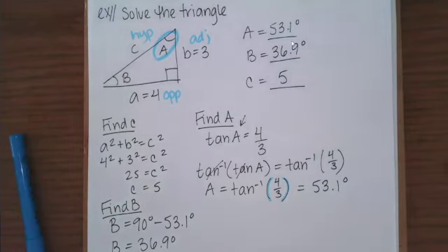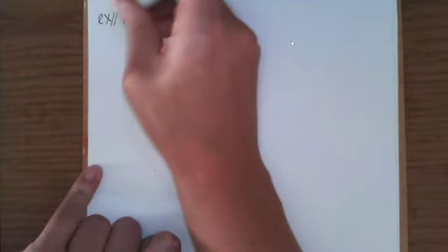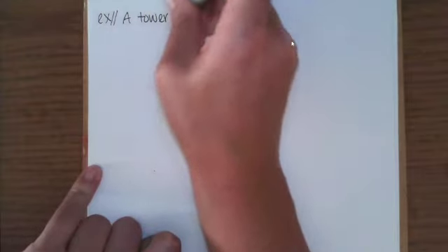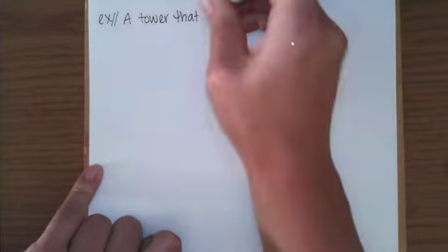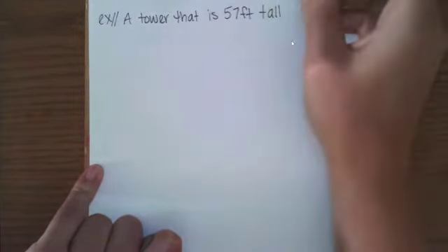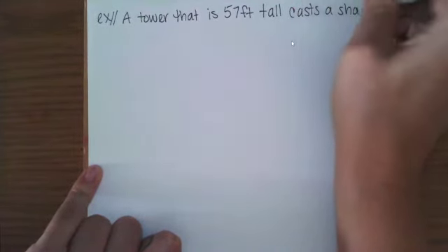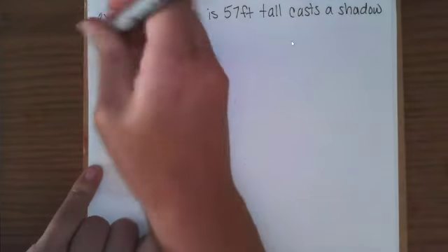I have 2 more examples for you, and these are the same types of problems, but they are given in word problem form. So they might look a little different right off the bat, but they're all just going to boil down to finding a triangle and then solving for the sides. So next one is we have a tower that is 57 feet tall, casts a shadow that is 82 feet long.